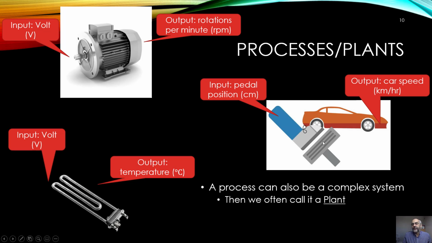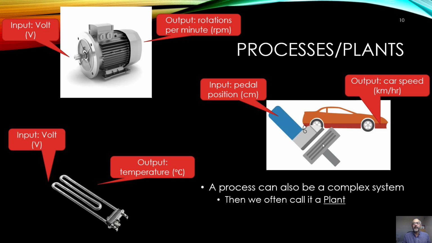Or a more complicated device like a car. A car has a lot of possible inputs and outputs, but here in this example, we relate the speed of the car to the position of the gas pedal. So if you press the gas pedal further, the output, the speed of the car in kilometers per hour, will increase.